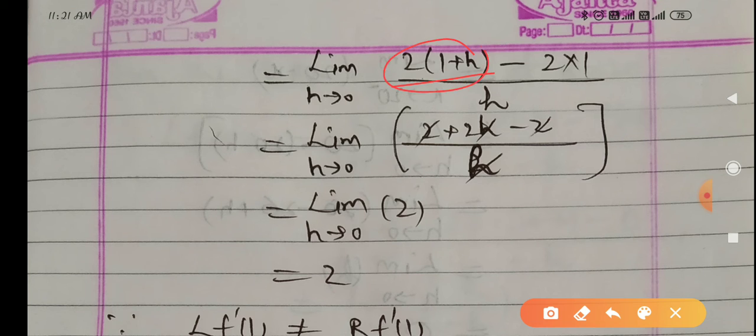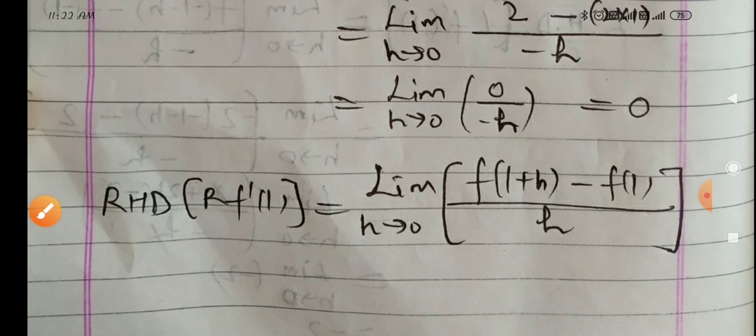So in 2x I have put 2 into (1 + h) minus 2 into 1, because for x = 1 the function is 2x, and for x greater than 1 the function is 2x. So that's why I am putting 2 into (1 + h) in place of x, and here the functional value is 2 into 1, upon h. Finally you get the limit as h tends to 0 of 2. RSD is 2, and what was LSD?